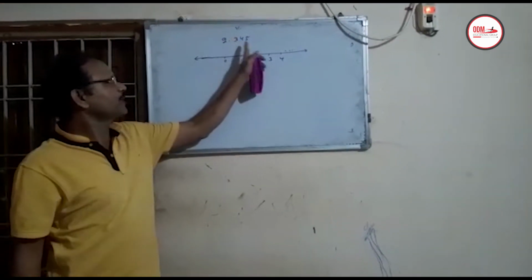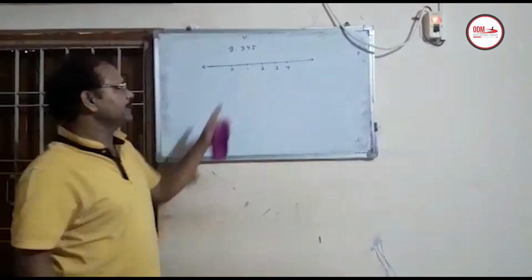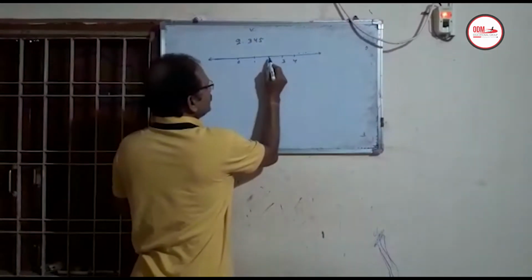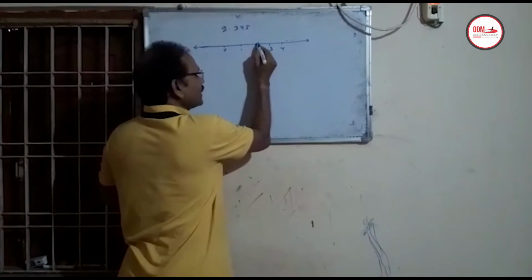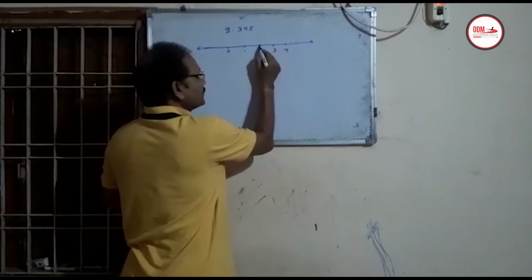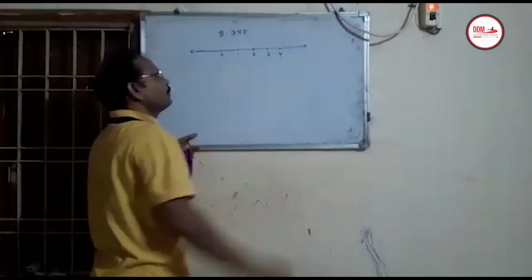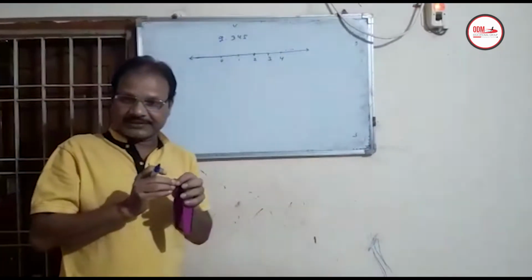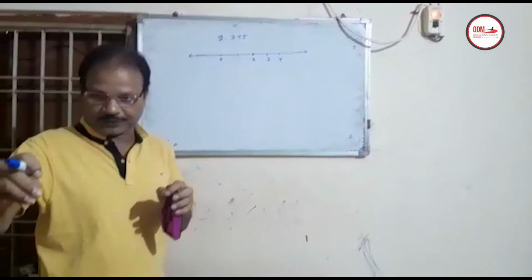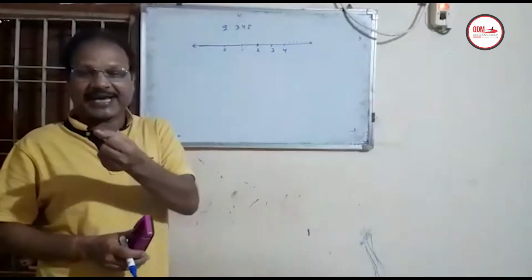So 2.345 is in between 2 and 3, because 2 is a whole number, 3 is a whole number. In between these two whole numbers, 2.345 is there. Since the process is successive magnification, it is better to take the help of a lens.